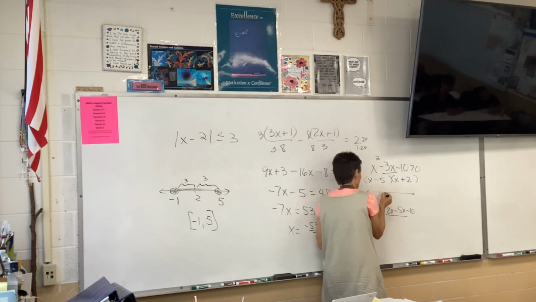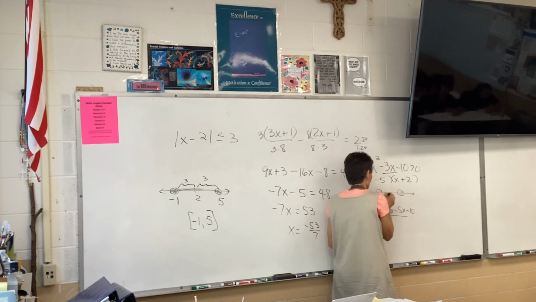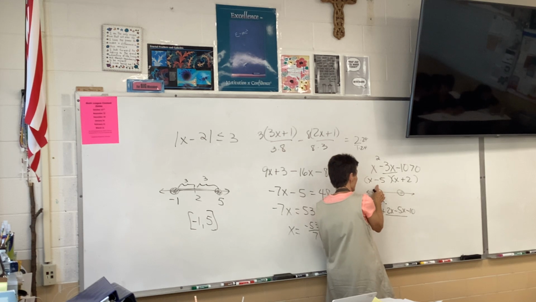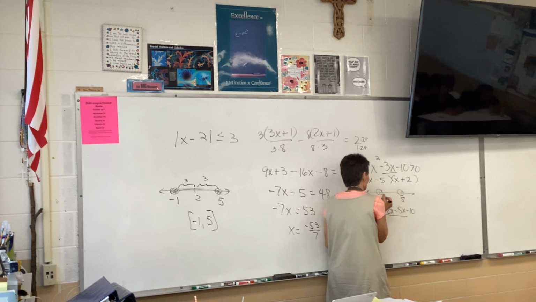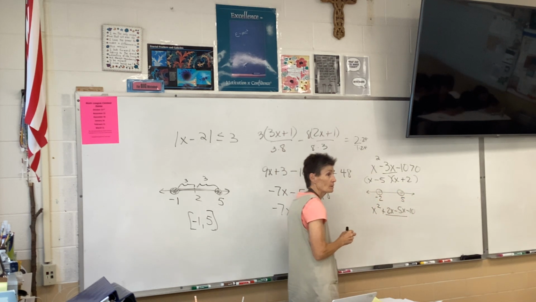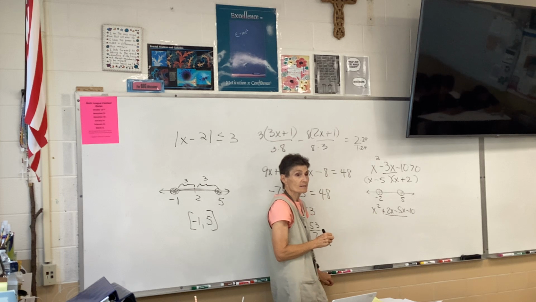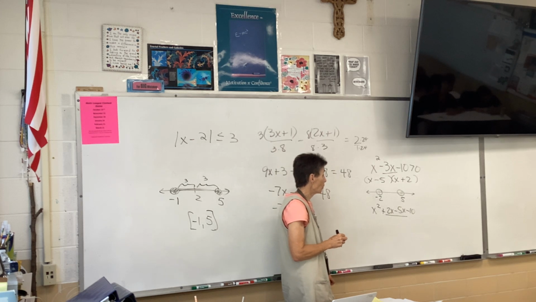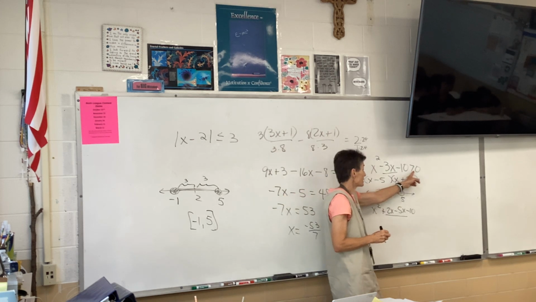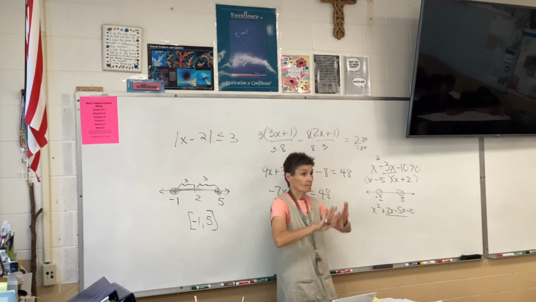So our dots are going to be where on our number line? We're going to have a dot at -2 and 5. Where do the dots go? Opposite, right? And they're open. And this time I'm going to be shaded out.